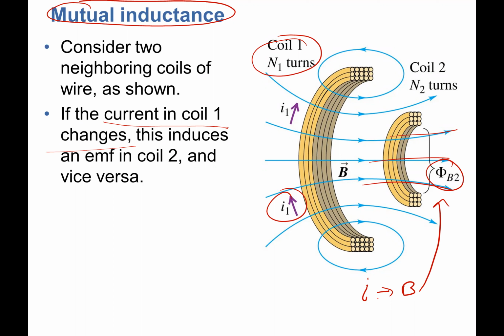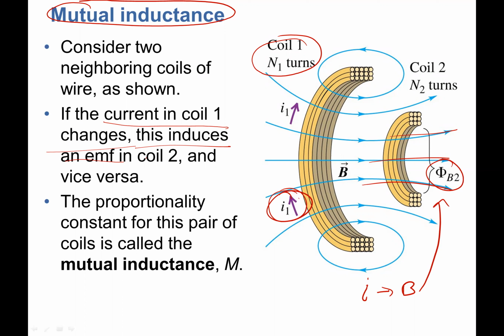If you change current 1, this induces an EMF in coil 2. As coil 2 now has its own current, it's going to generate its own magnetic field, which goes through coil 1 and induces a magnetic field there. So you can see it goes back and forth.